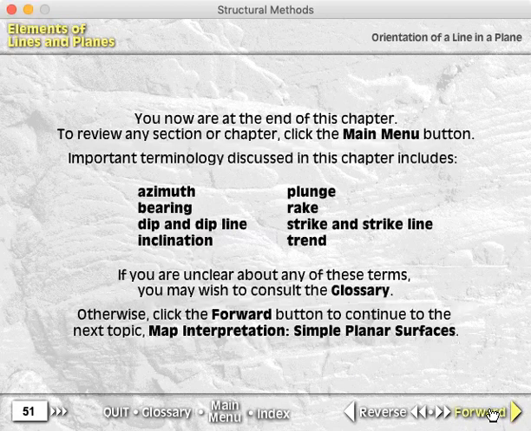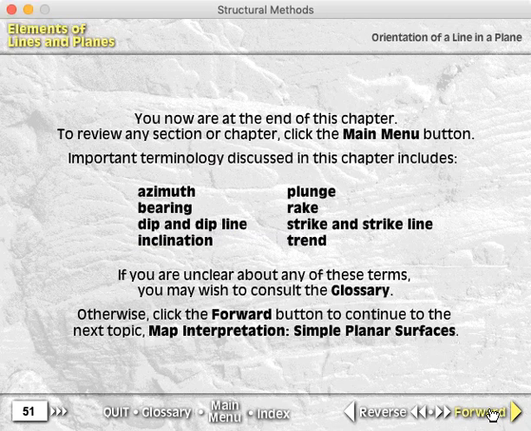We now are at the end of the chapter. To review any section or chapter, click the main menu button. Important terminology discussed in this chapter includes azimuth, bearing, dip and dip line, inclination, plunge, rake, strike and strike line, and trend. If you are unclear about any of these terms, you may wish to consult the glossary.